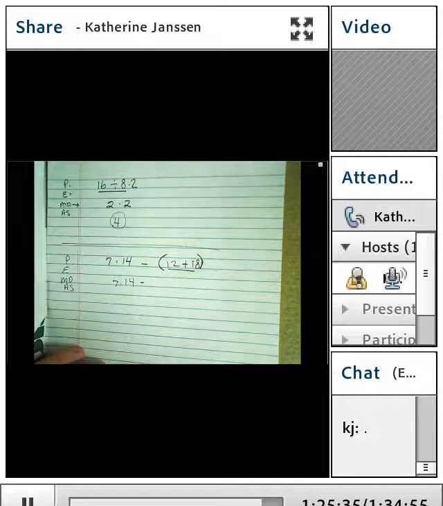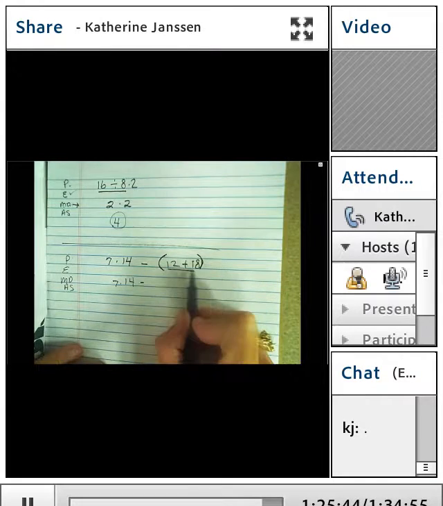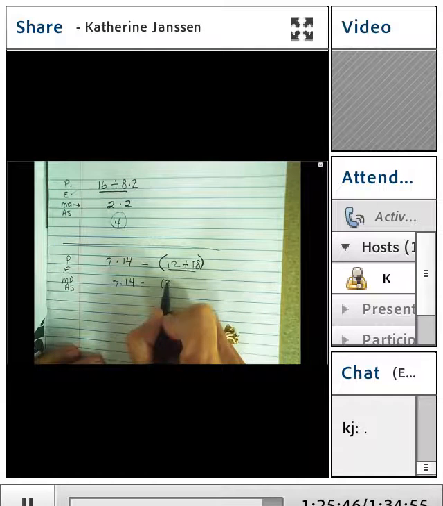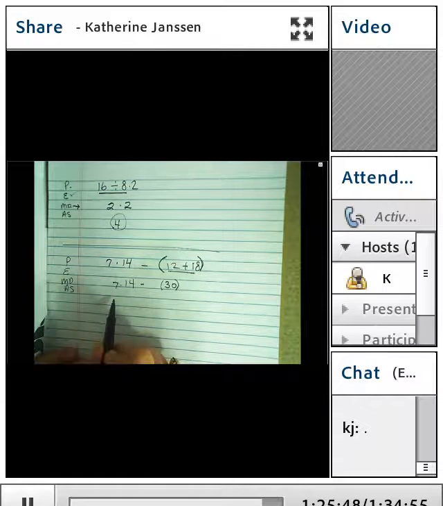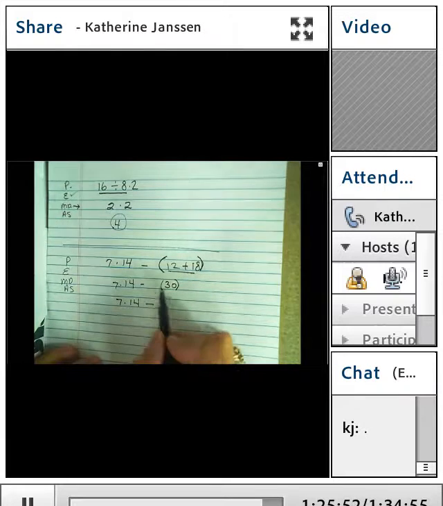Just as your calculator does, except it does work one step at a time according to these rules, but much faster. So in parentheses, we have 12 plus 18. I can solve that. Copy everything else the same. Subtract, and there's nothing more to simplify here, so I can remove those parentheses.